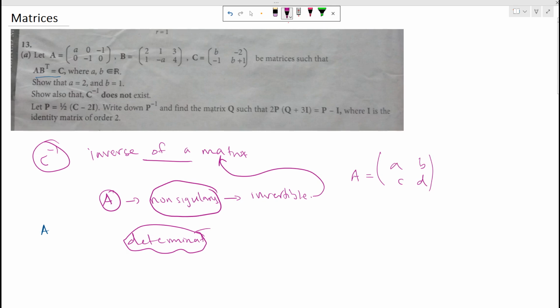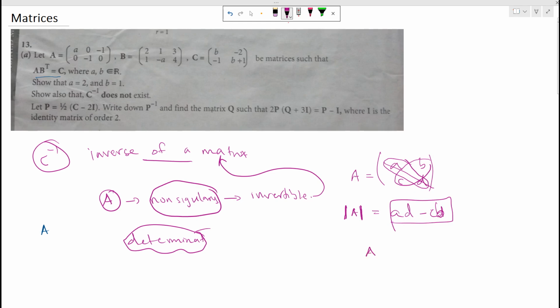Then the determinant of A is denoted using these parallel lines. So you have to just multiply ad minus this, right? This is called the principal diagonal, the multiplication of the principal diagonal minus the second diagonal. Okay, now this is like the secondary diagonal. So cb. So this is called the determinant.